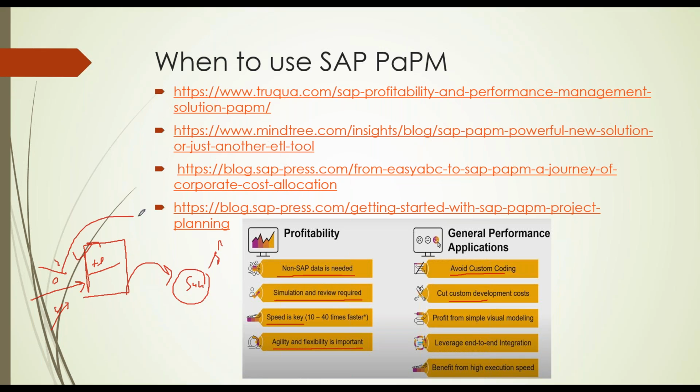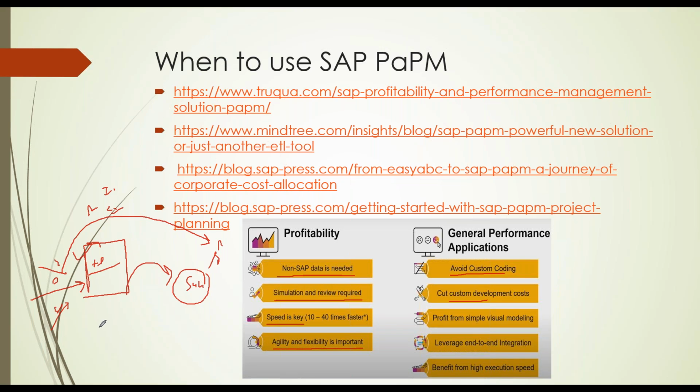So all the allocation they want to migrate into PAPM. This was quite a lengthy process. So this was done in two waves. First wave we migrated the internal allocation, then second wave we migrated external allocation. It was a huge data volume they were handling, and now everything is migrated into PAPM.